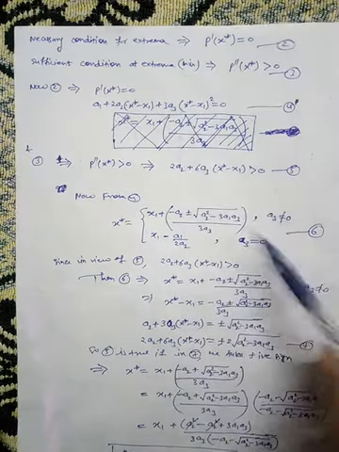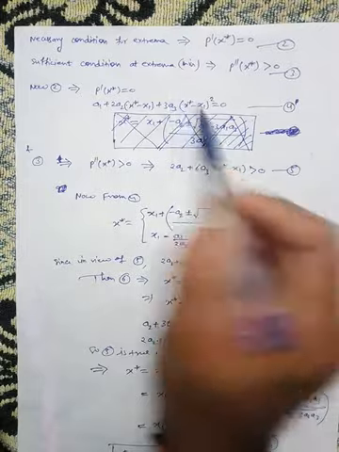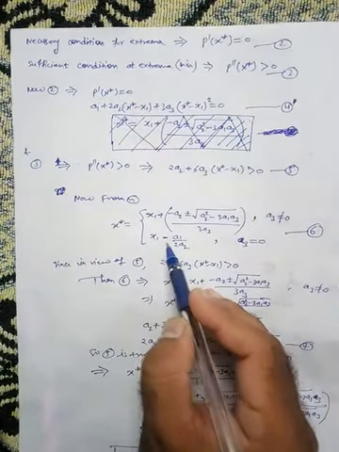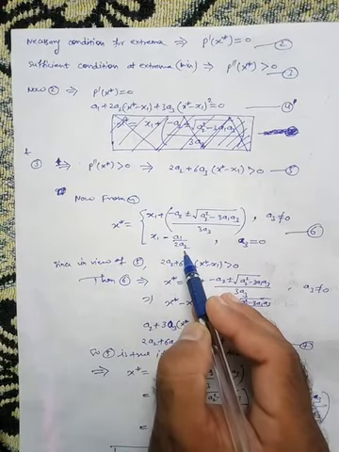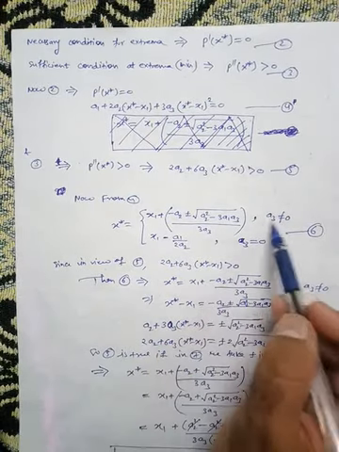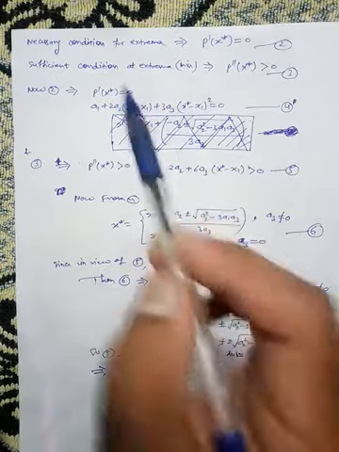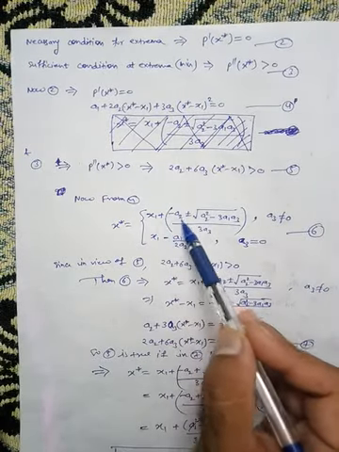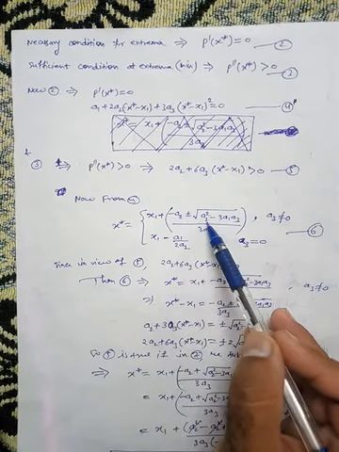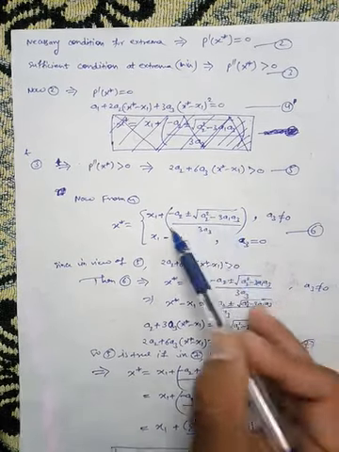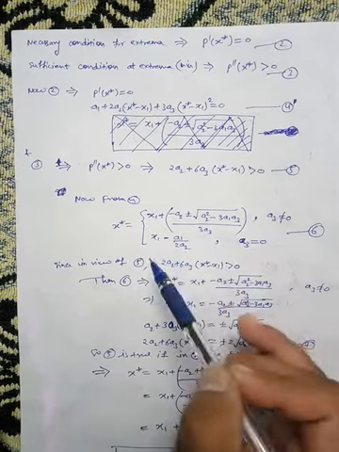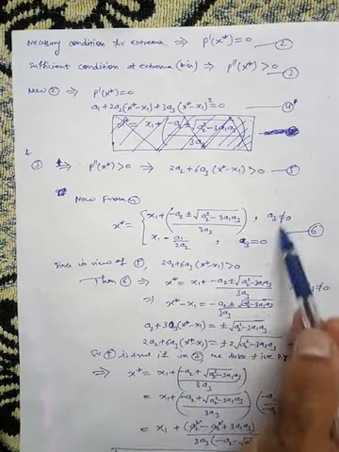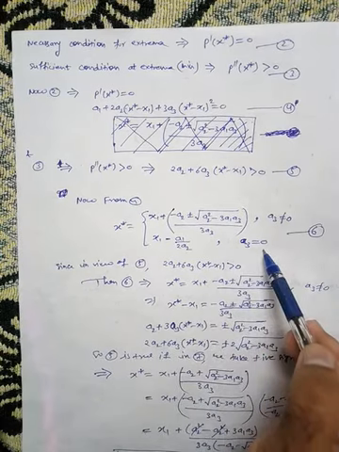When a3 is 0, the quadratic term will be 0, so we have only the linear term, and x star will be x1 minus a1 by 2a2. When a3 is non-zero, the solution is given by x1 plus minus, minus a2 plus minus square root of a2 square minus 3a1 a3, divided by 3a3. Here we have used the Sridharacharya formula. This is when a3 is non-zero, and the other is when a3 is 0.